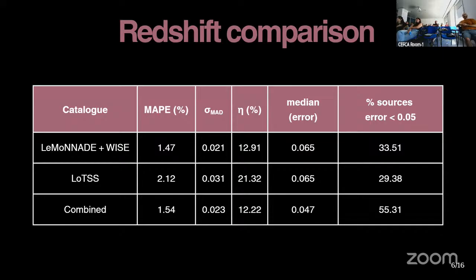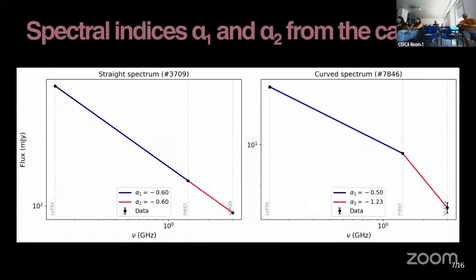So now we can go on to the main part of the project, which is determining the ages of the jets. So first, we have to introduce that we are going to determine the break frequency, which would be this frequency right here, of a broken power law fitting.